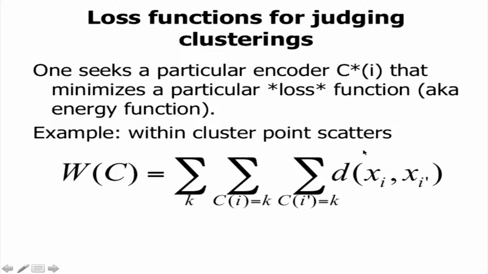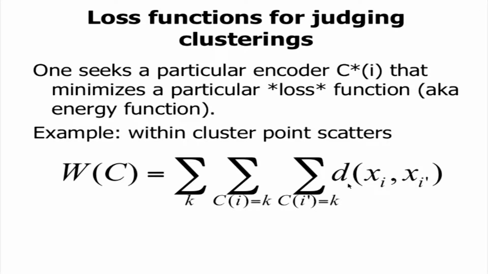Let's look at it. The idea is very simple. You look at all pairwise dissimilarities between the objects that are in a particular cluster. Let's say in cluster 1, you look at all pairwise dissimilarities and sum them up.